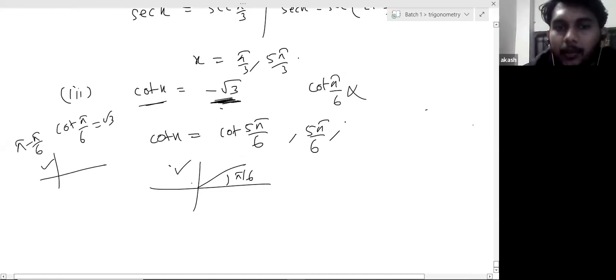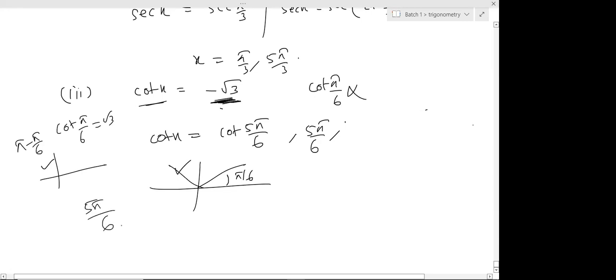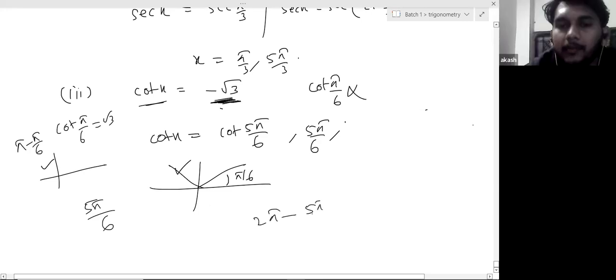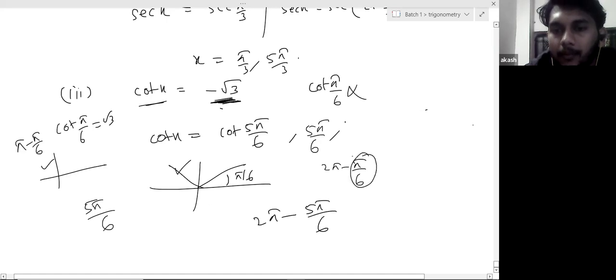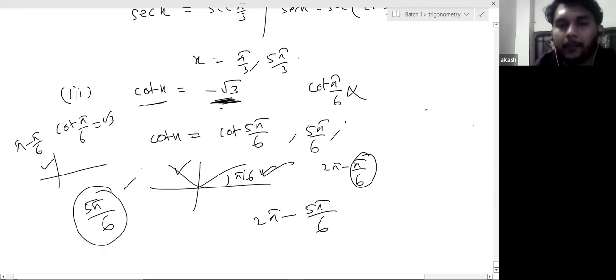In the second quadrant, you will be getting 5 pi by 6. So for the fourth quadrant, you will be writing 2 pi minus 5 pi by 6. You will not be doing 2 pi minus pi by 6, because for pi by 6, that is not negative. The first angle that you meet where cot x is negative is 5 pi by 6.